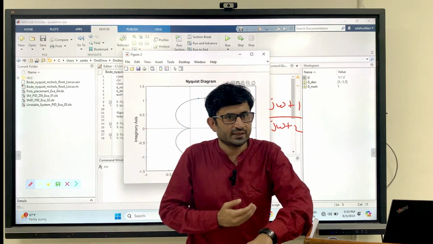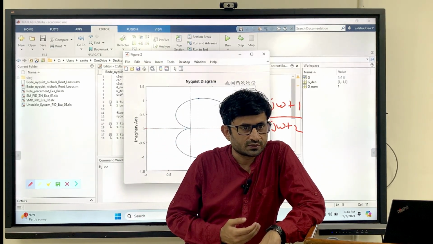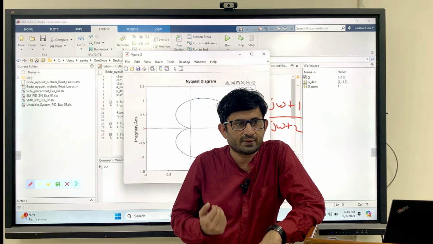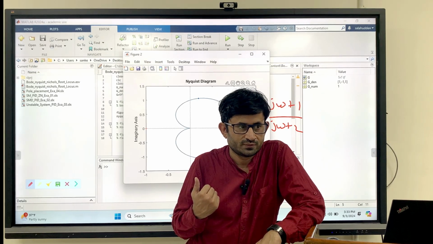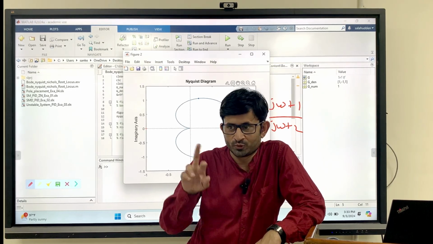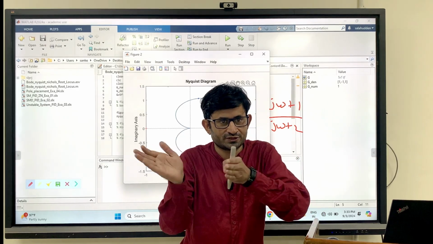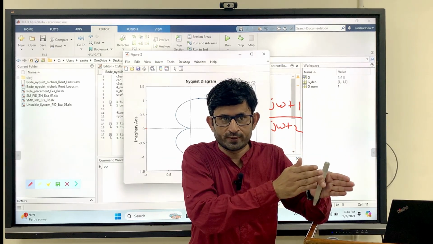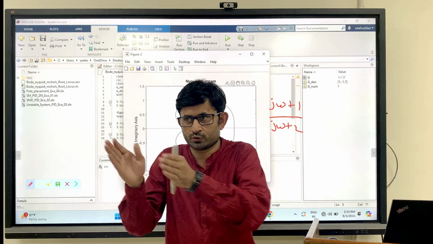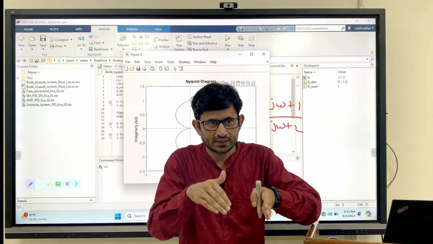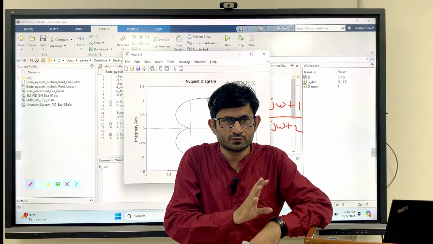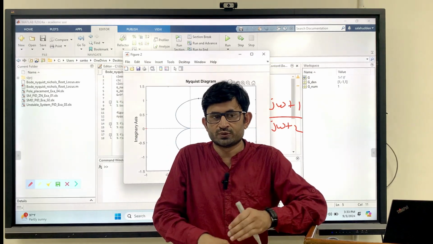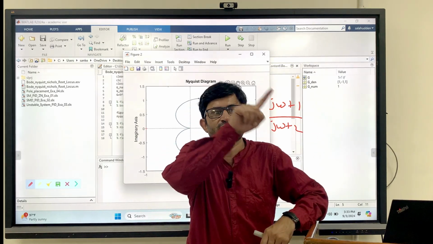So if you understand the Nyquist concept and how to plot it, then you can use MATLAB as a tool and plot it. So in theory we have seen: put s equal to j omega, rearrange into a proper complex number, then put omega equal to 0 and calculate, put omega equal to infinity and calculate, and then put the real part to 0 and calculate where it is crossing the imaginary axis, put the imaginary part to 0 and see how it is crossing the real axis, and just draw.